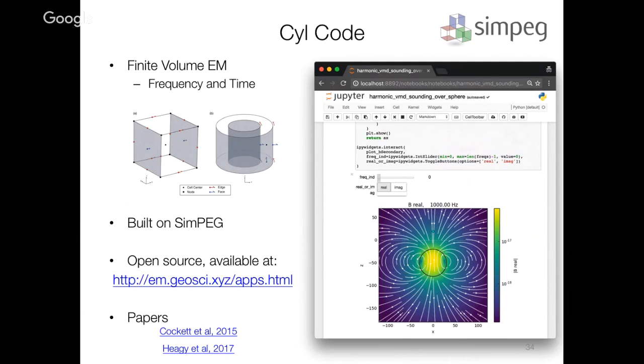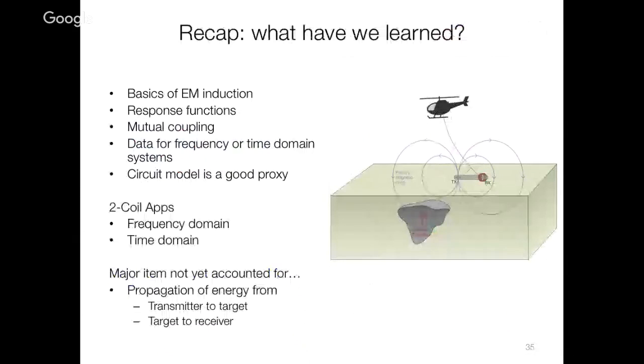For a vertical pipe, even if you've got really thin casings and it's permeable, this code can model that, so you can see what's happening. Anyway, that's freely available.